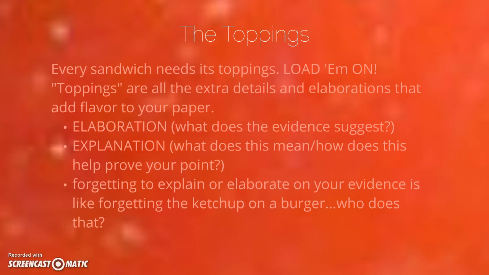When you elaborate on it, you're going into more detail beyond what the research says. Explaining it means that you're going to tell me what it means, how it is relevant to your topic, what it is suggesting about the issue that it's discussing, things like that. So you just want to make sure that you're talking about the evidence.